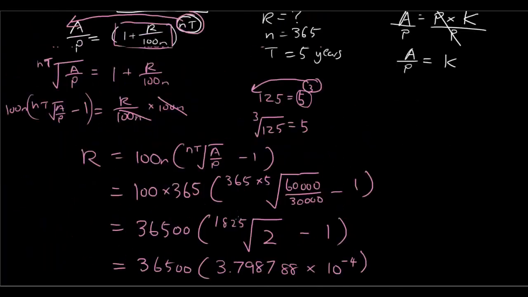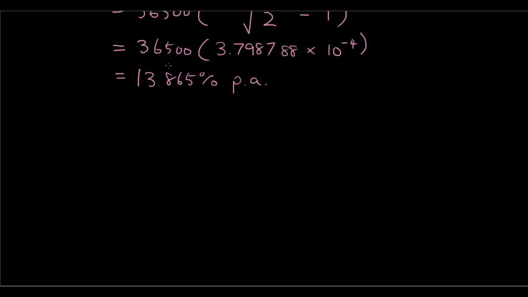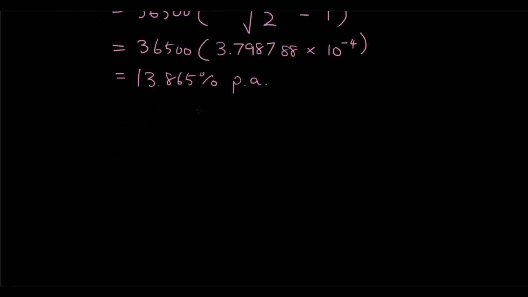Now, just a quick check to make sure that it makes sense. $30,000, if we want it to grow to double the amount in 5 years, what percentage of interest does the investment need to make? And we're saying that it's 13.86%, 87%. So let's type that into our formula. So we have A equals P bracket 1 plus R over 100N to the power of NT.